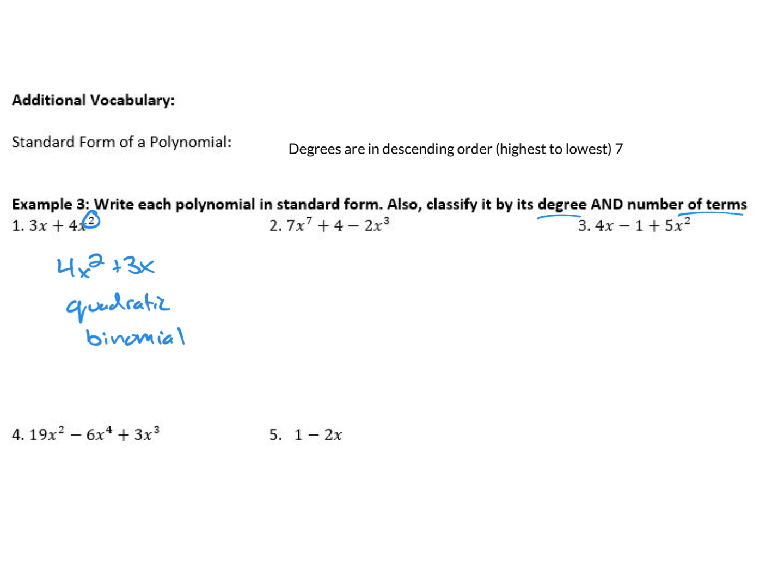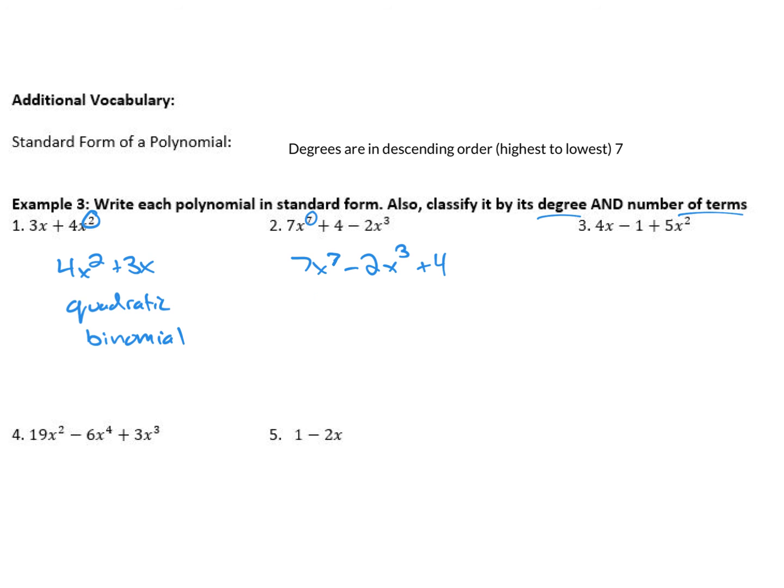When you look at this next one, example 2, again, start by going standard form. Find your highest degree. Looks like a 7, so that's already in the right place. Then we want to go to cubed, so that's minus 2x cubed. And then we go down to plus 4. All right, now that we have this in standard form, if we look for degree, well, it looks like the highest degree is the 7th one.